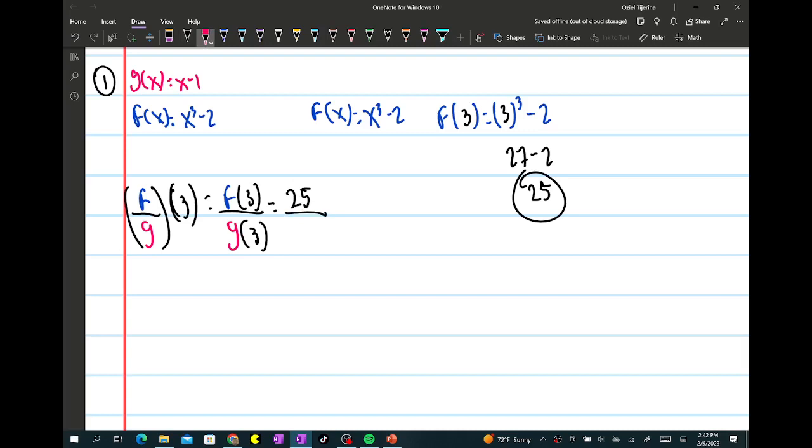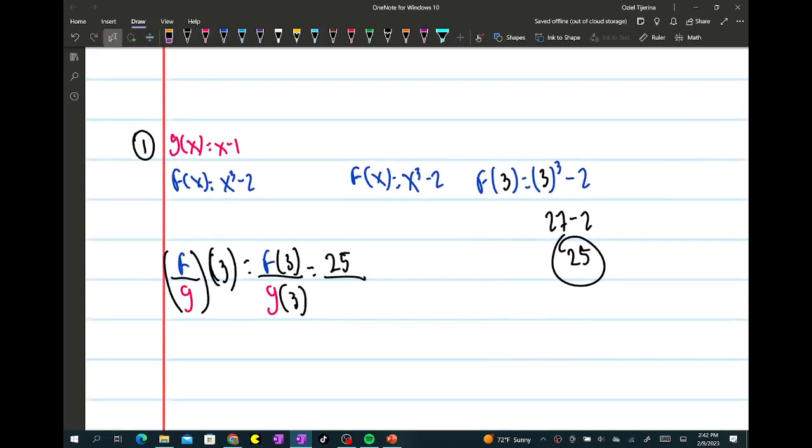And then g of 3, so again, you're basically going to plug in 3 for x in the function g of x. So we have g of 3, and it's going to be the quantity 3 minus 1, which is 2.